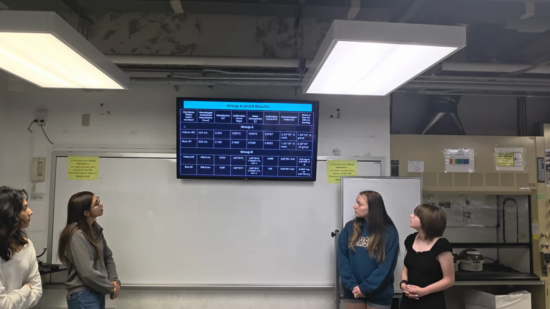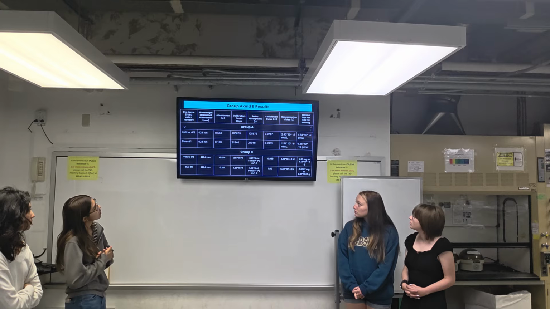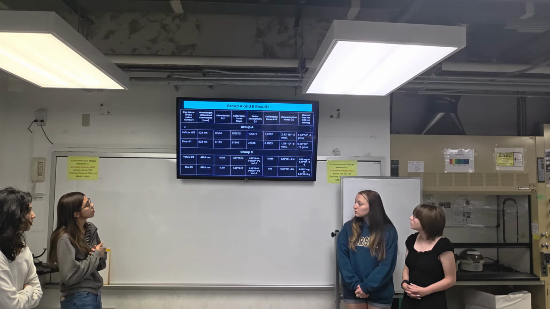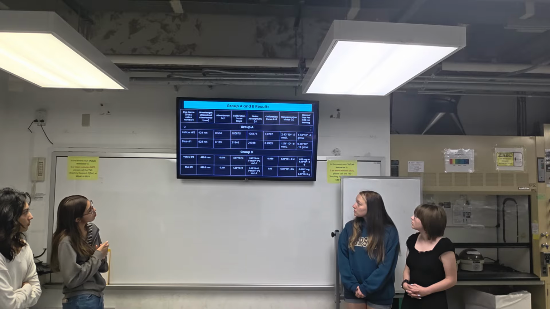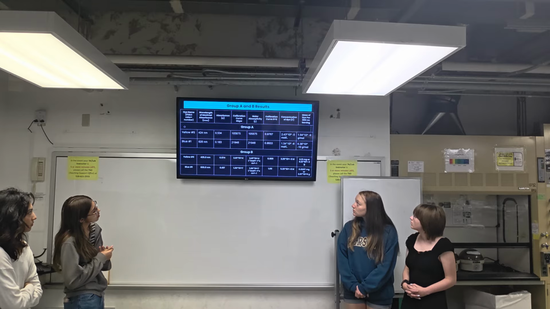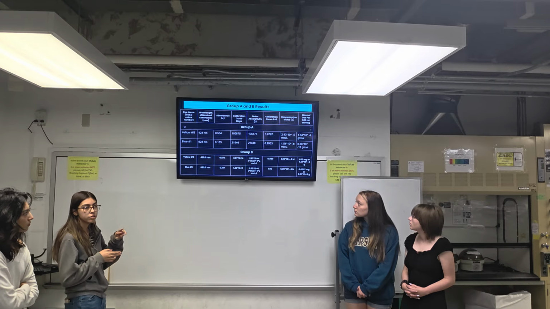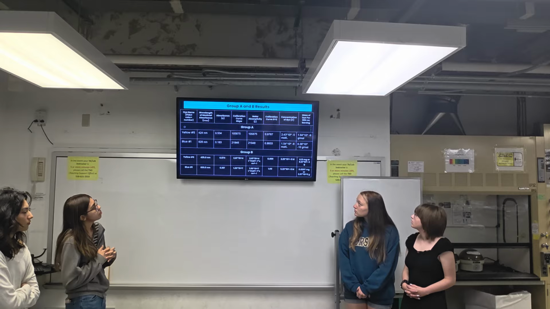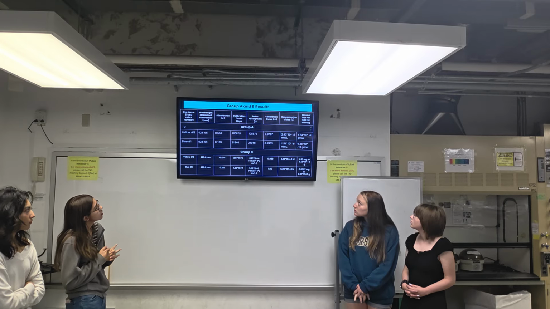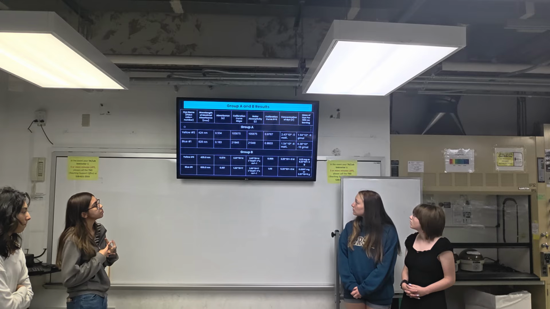Okay, for group A, group B results, the wavelength and maximal absorbance were pretty similar. Same with the absorbance. The slope was where we found it was slightly different. There were differences, like they were swapped for both of them. The molar absorptivity was also pretty different from each other.